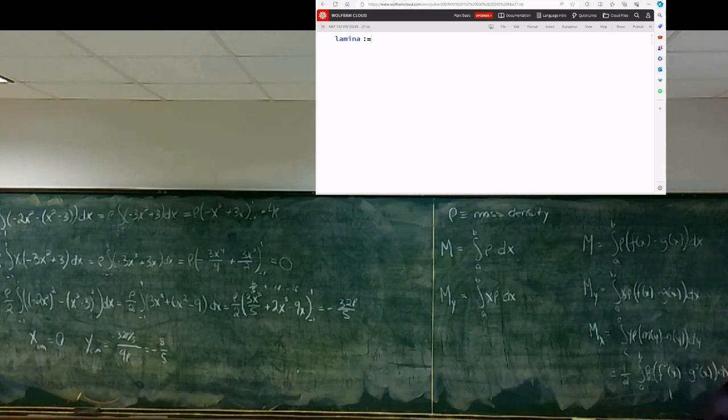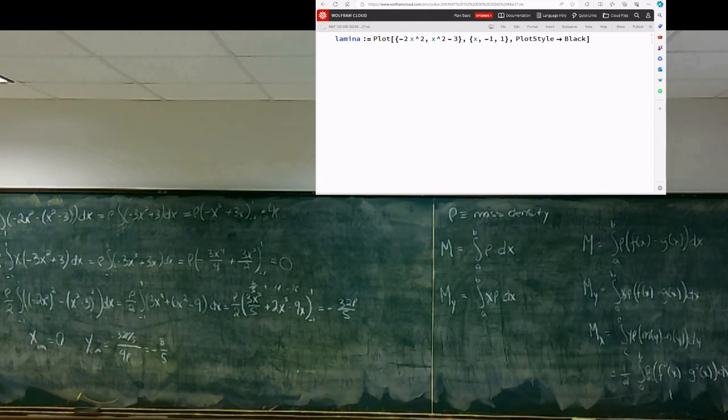So let's define lamina. I'm just going to plot the two functions, right? I only care about -1 to 1. Now I'm going to set the style to black. I don't care about filling. Right.